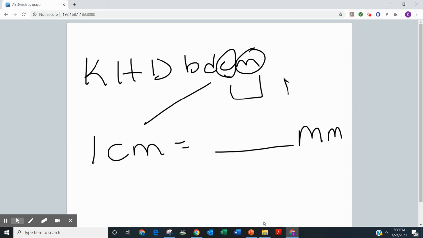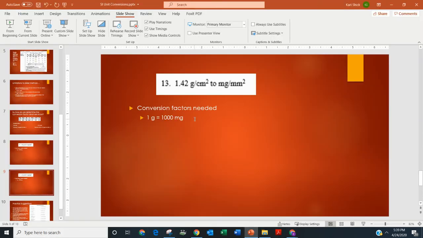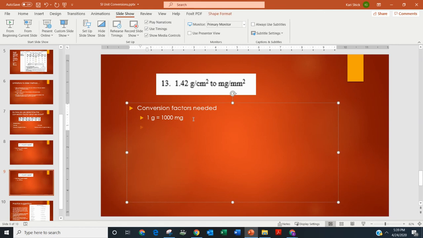And by looking at this, this is 10 to the factor of 1. So that would be 10. So I can go ahead and include that now on my conversion factors. So 1 centimeter equals 10 millimeters. So now I can go ahead and start setting this up in order to do the conversion.